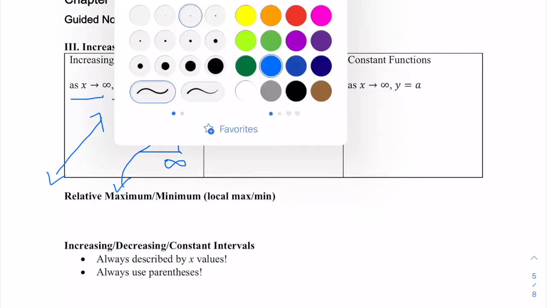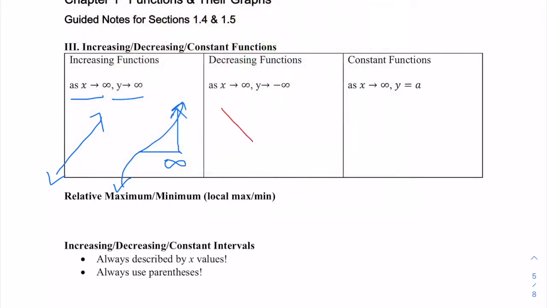Versus a decreasing function. If it's a linear or maybe a cubic with a negative coefficient, as you go to the right in positive infinity for the x values, all the y values will go down towards negative infinity.